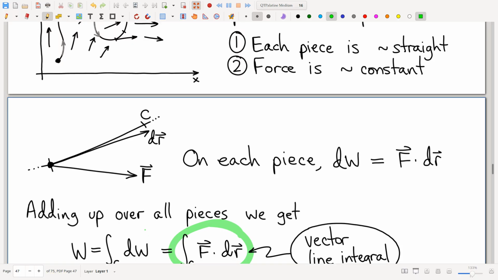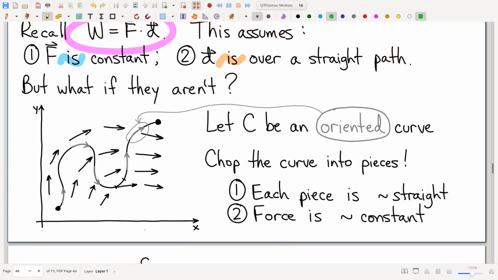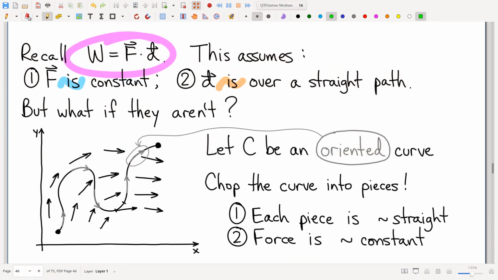So here's the distinction. Here's what's fundamentally different about this question that's not like any scalar line integral we've seen up to now. And that is, the curve has what we call an orientation. There is a well-defined direction that I'm going along that curve.